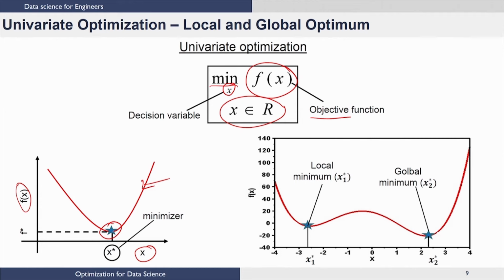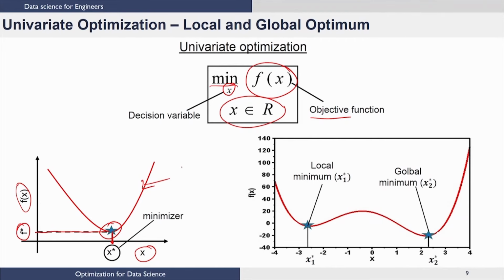So, the point at which this function attains minimum value can be found by dropping a perpendicular onto the x axis. So, this is the actual value of x at which this function takes a minimum value, and the value that the function takes at its minimum point can be identified by dropping this perpendicular onto the y axis, and this f star is the best value this function could possibly take.